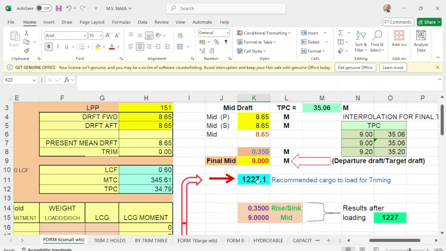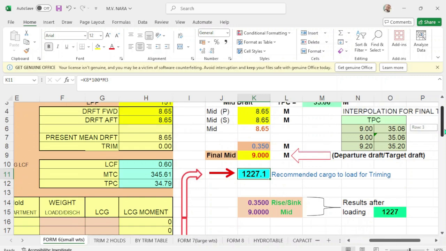So again, the formula is your sink gauge multiplied by 100 multiplied by your TPC, and you will get 12.27.